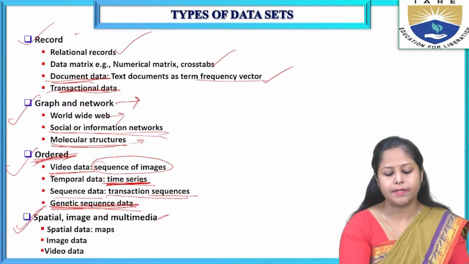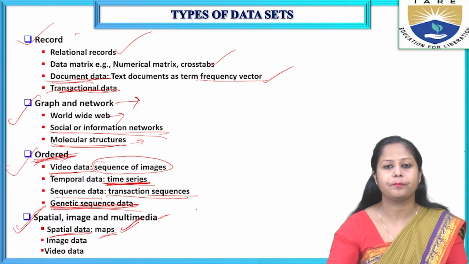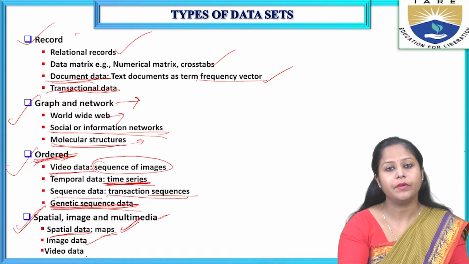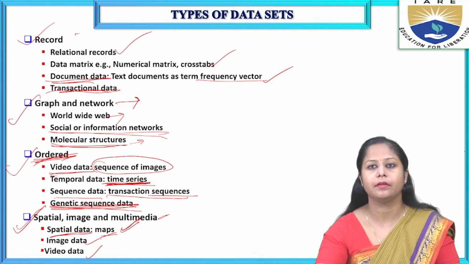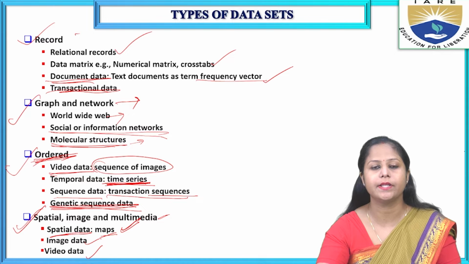In spatial data, what do we have? Maps, graphical maps, image data and video data. So that comes under spatial, image and multimedia. So these were some types of data sets we have studied.